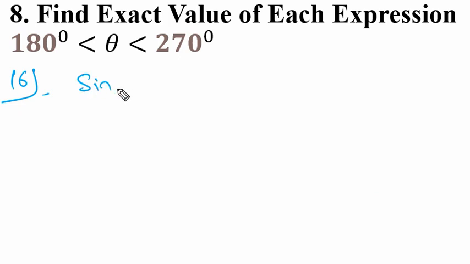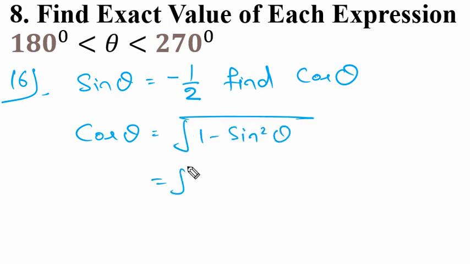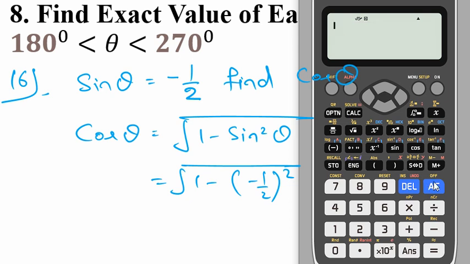Next we have sine theta equal to negative 1 over 2, and find cos theta. So cos theta is what? Square root of 1 minus sine square theta, the square root of 1 minus (1 over 2) square. Let me show you using the calculator.